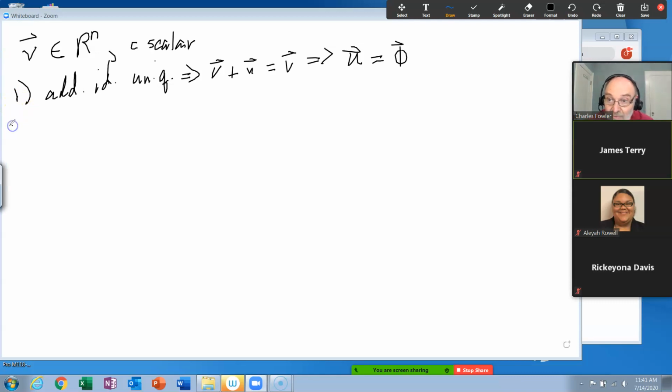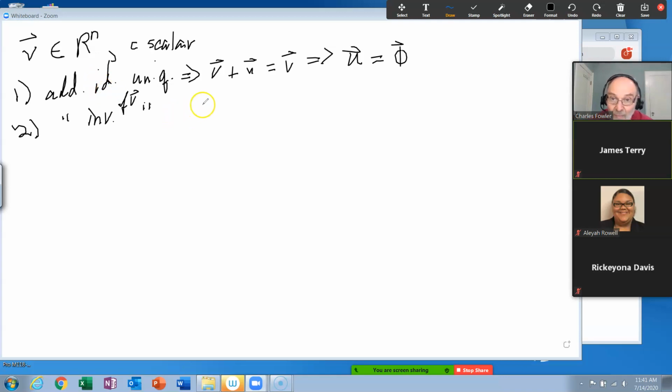Okay, number two. The additive inverse of V is also unique. V was the given vector.